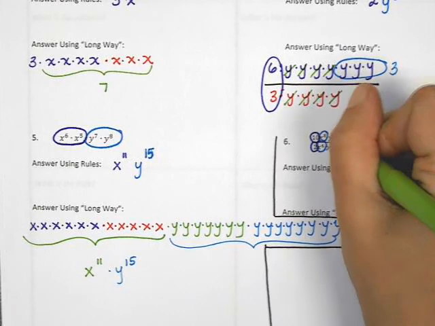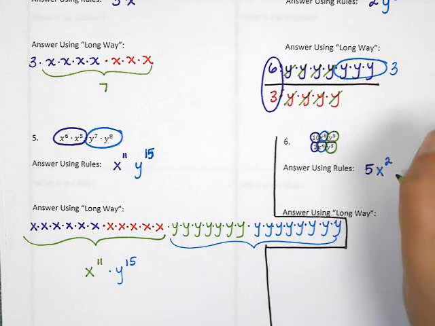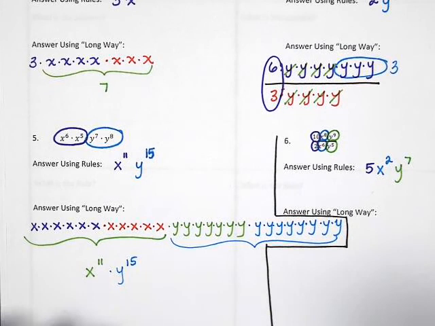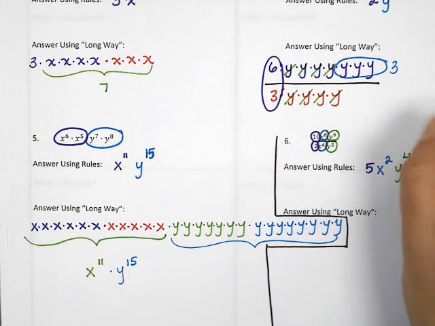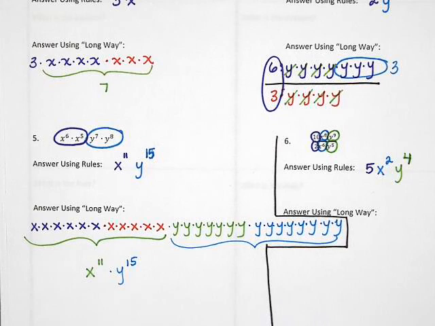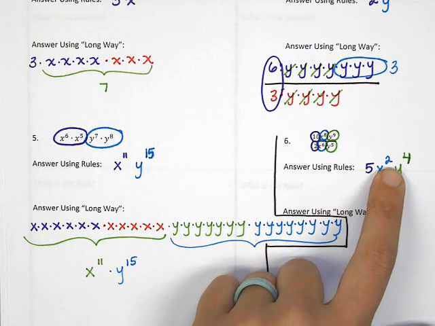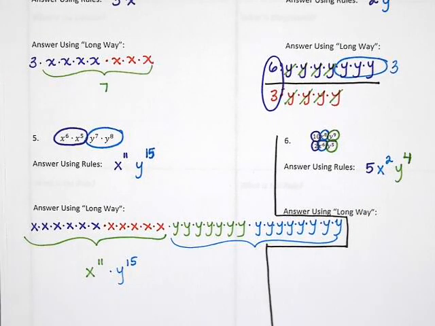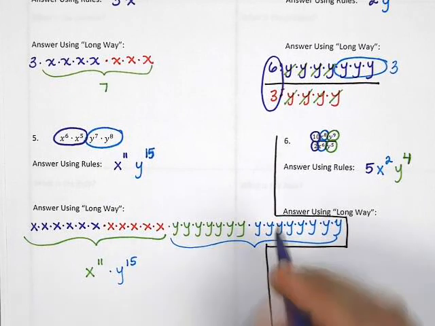And y to the 9th divided by y to the 5th, I would subtract those exponents and I would get 4, because 9 minus 5 is 4. So I would subtract 8 minus 6 and get 2 for the x's exponent and 9 minus 5 and get 4 for the y. Now if I wanted to write it out the long way, it would look like this.